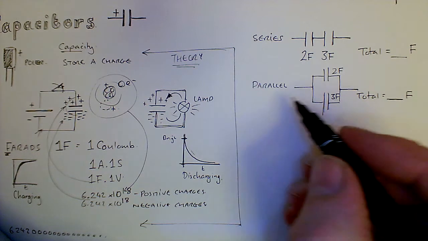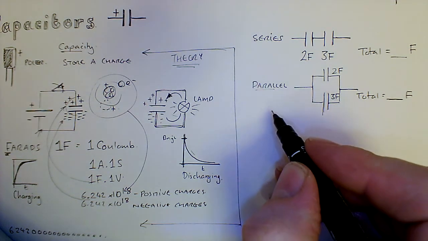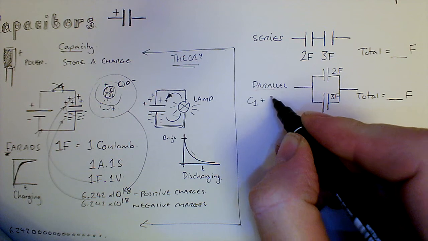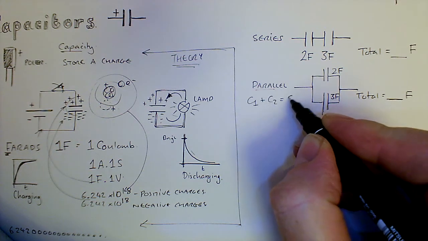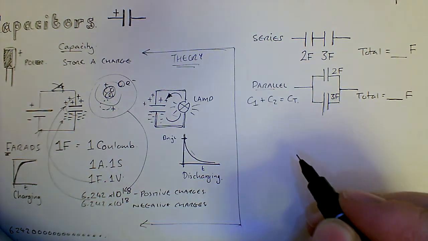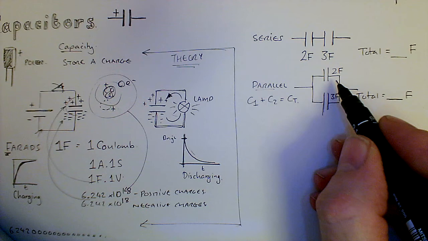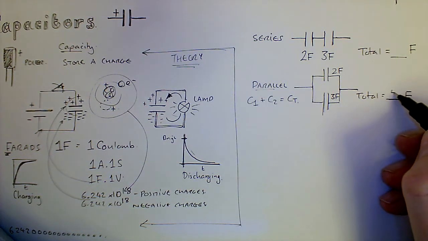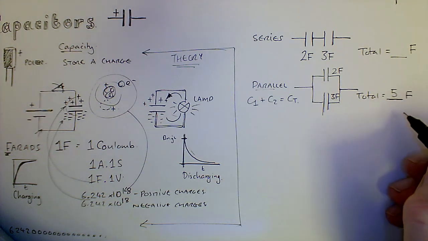In parallel, you would have capacitor 1 plus capacitor 2 equals the capacitor total. So here capacitor 1 is 2 and capacitor 2 is 3, so that would make 5 farads.